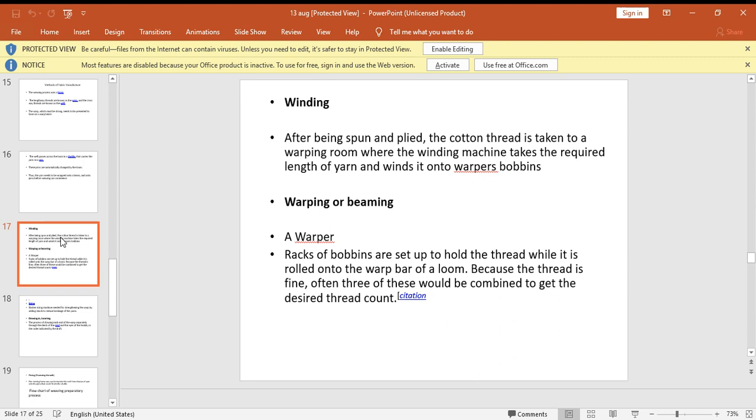So, warping or beaming. A warper's rack of bobbins is set up to hold the thread while it is rolled onto the warp beam of a loom. Because the thread is fine, often three of these would be combined to get the desired thread count.